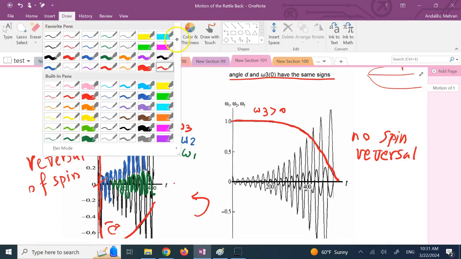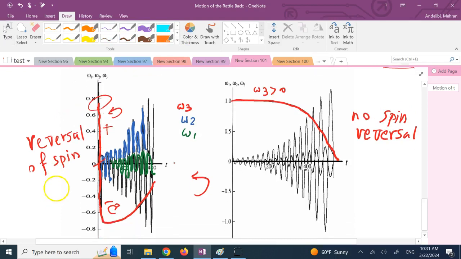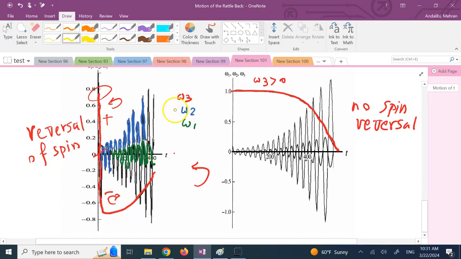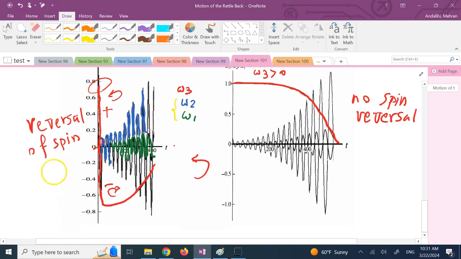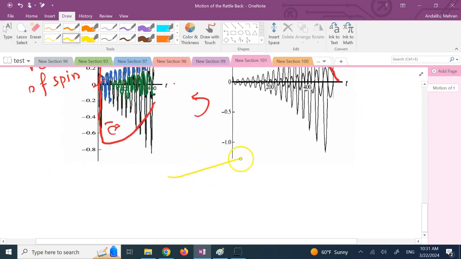And the other important thing that I said you might want to enjoy is, look at omega-1 and omega-2. They have oscillations. Remember when we did the spinning of this Rattleback, when it stopped and reversed, you had this kind of oscillation?